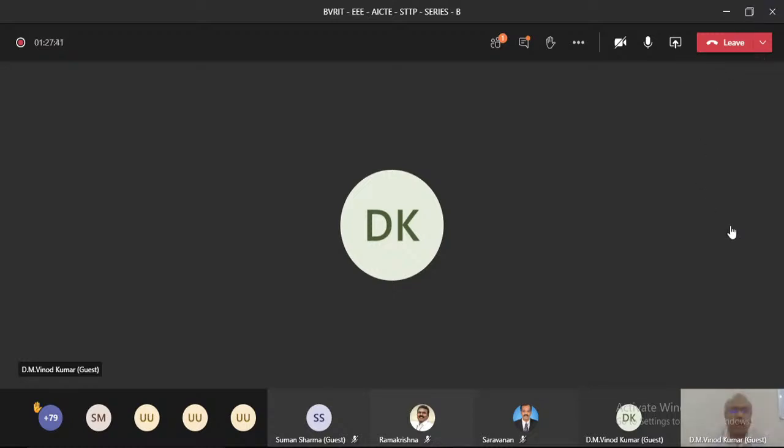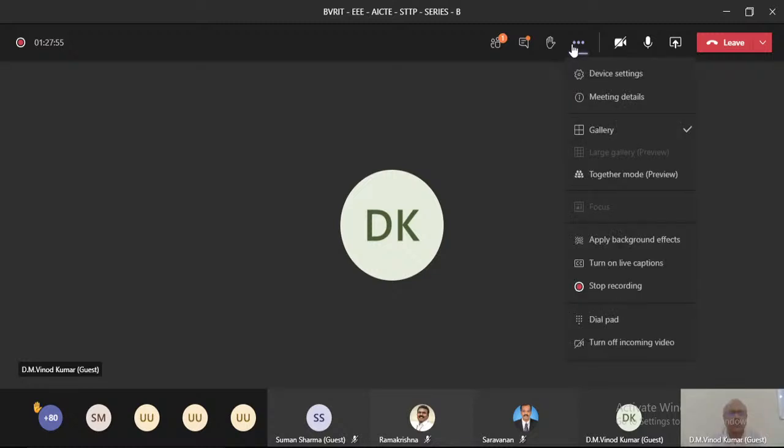After that, I want to share this arrow mark, but it is not coming. It is not visible. Can you give the permission for starting this one? It is saying only meeting organizers and presenters can share.